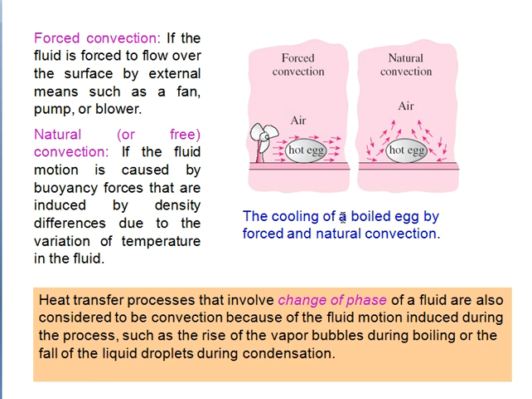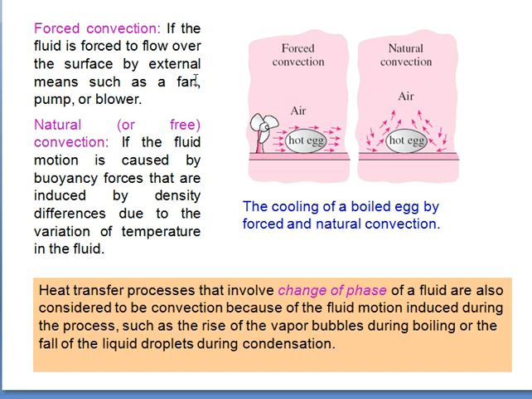Then convection heat transfer is of two types. One is forced convection. The fluid movement is required to transfer the heat. If the fluid movement is by external means or external sources such as a fan, pump or a blower, then that is known as forced convection.